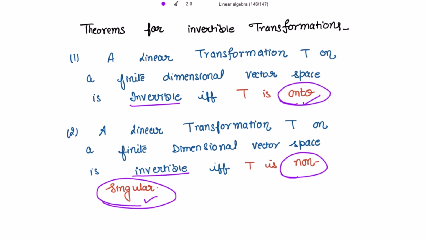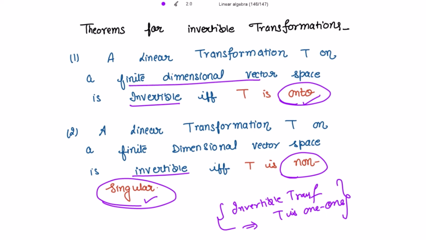But if the dimension is not finite, then invertible transformation implies T is 1-1 also, as we have just studied in the previous remarks. So an invertible transformation becomes onto for a finite dimensional vector space, otherwise it is also 1-1, and for a finite dimensional vector space T is non-singular.